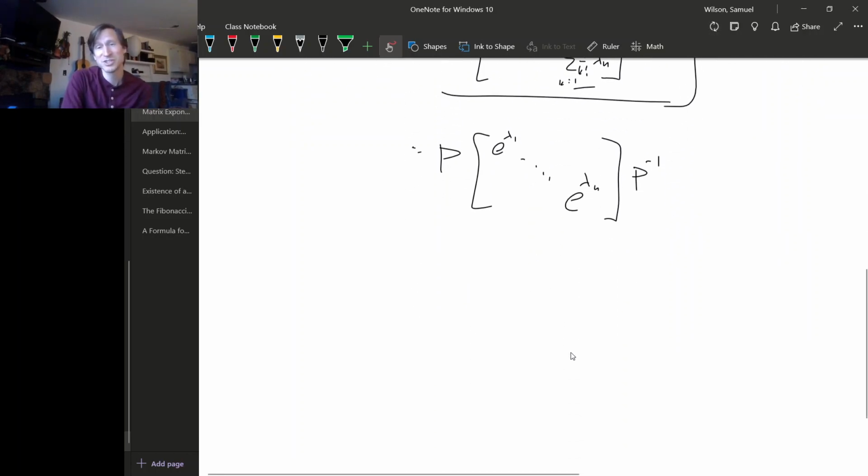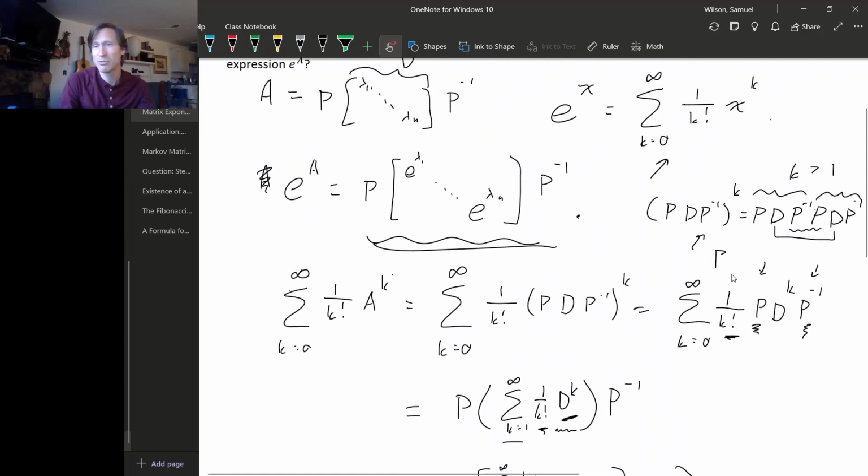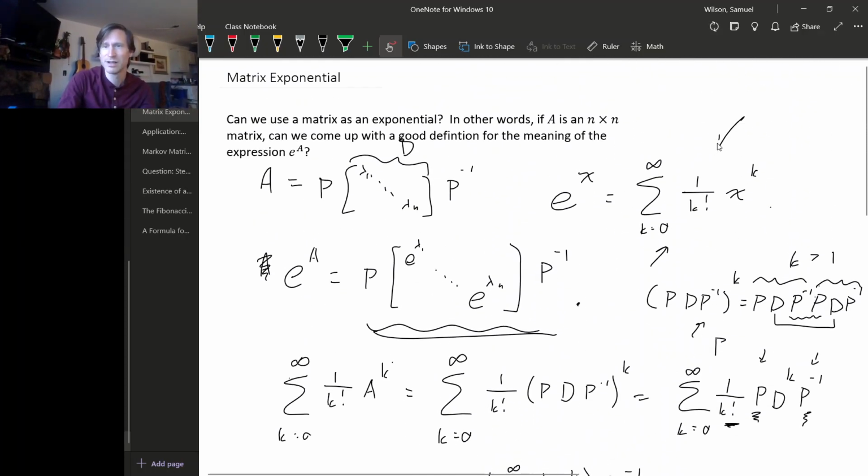Now, I should mention that this power series actually makes sense for any square matrix, not just diagonalizable matrices. But showing that it works for any matrix is kind of difficult, because if you put any old matrix in here that doesn't necessarily have to be diagonalizable, it takes a fair amount of work to show that no matter what matrix you start with, it works.